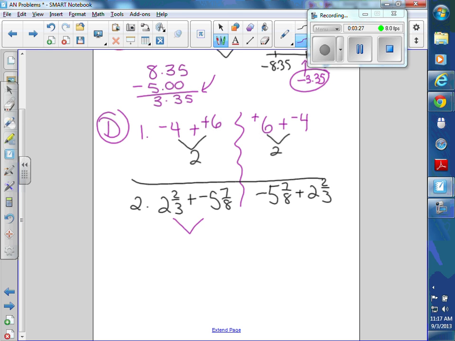We don't even need to know the actual answer. They're going to be equal? Yes or no? Yes, right? Because when you add, it doesn't matter the order you go in. That's why they're asking you that. So they're equal. You don't even need to figure out what they are.